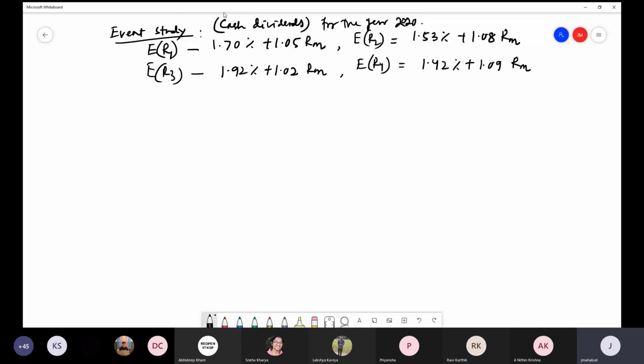So, as an analyst, you wanted to test the consistency of the semi-strong form of market efficiency. So, you have calculated the characteristics line equations. These are called the characteristics line equations, used to calculate your expected return. There are 4 companies and 4 characteristics line equations which have been given to you.